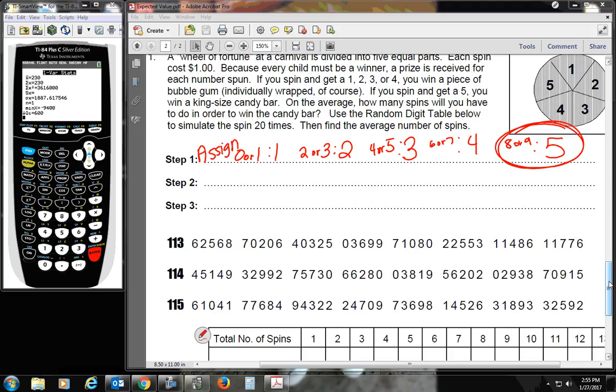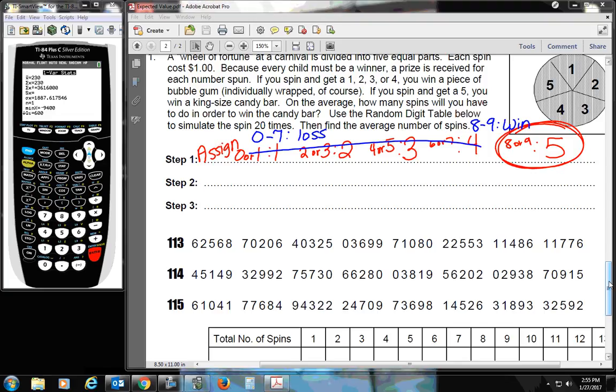So with that in mind, you really could make this more basic and just say, you know what, I'm going to do 0 through 7 is losing, not getting the candy bar. It's a loss. And I'm going to do 8 and 9 as a win. And that should work for you, because that means you're giving 20% of the digits to be a win of the 5, and you're giving 80% of the digits to be a loss. Okay, so you're going to keep going until you get a 5.